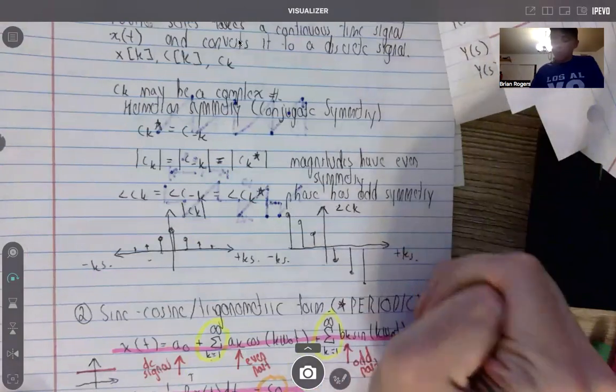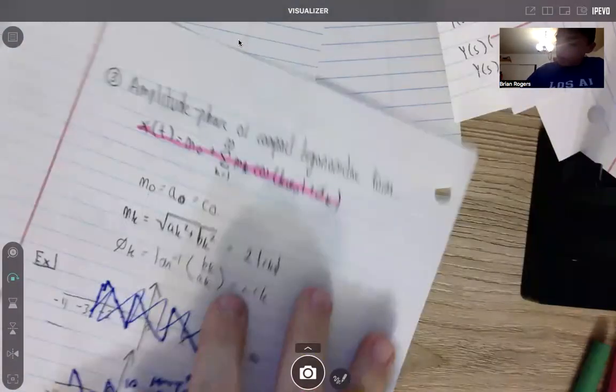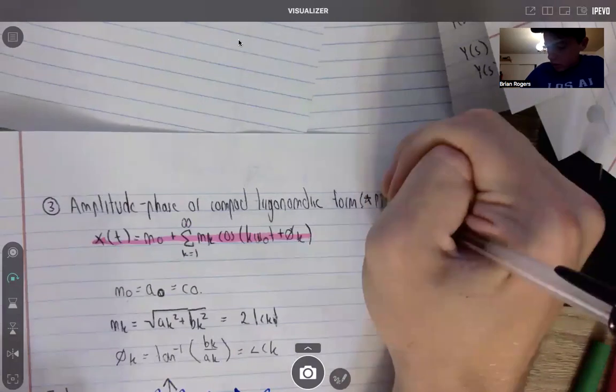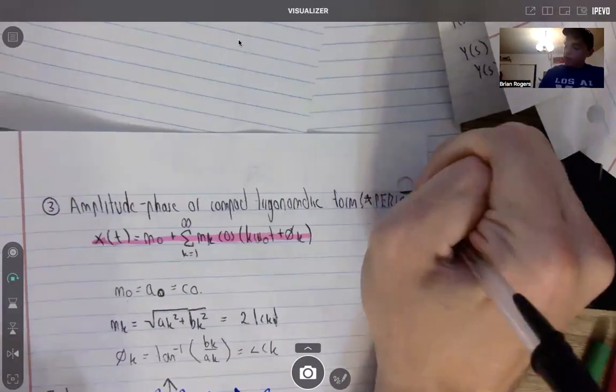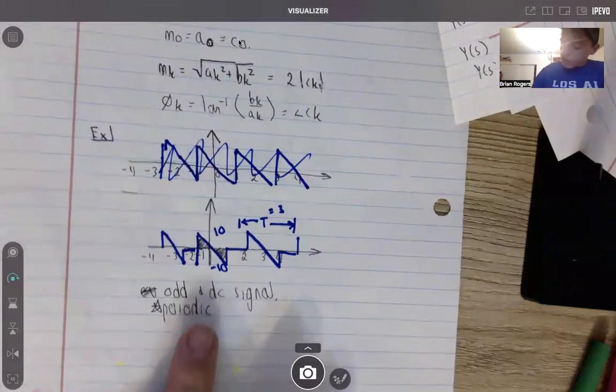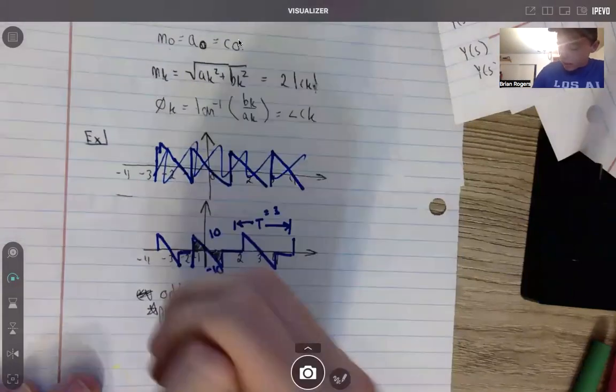And for the amplitude phase form, it also must be periodic. Those are the big things to remember. So we determined what type of symmetry it has. We determined it was periodic. And so we're going to use the sine cosine form.